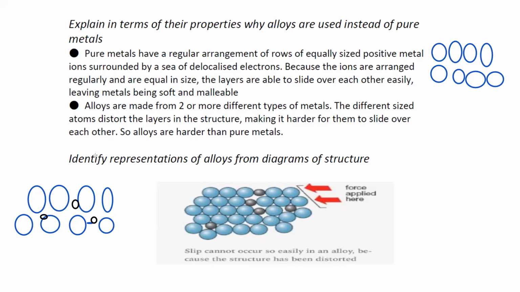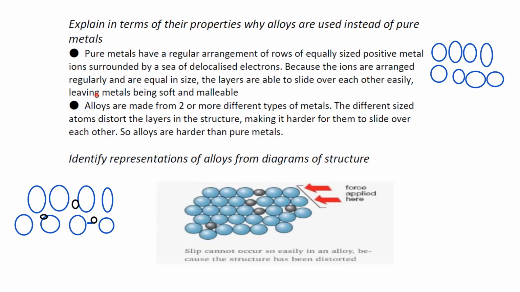Alloys are harder. Why are they harder? Because of the different sizes of the ions, the layers cannot slide over each other, as there will be more friction between them. So whenever you have a mixture of metals, it will become harder. Pure metals have a regular arrangement of rows and equal-size positive ions. Because the ions are arranged in a regular pattern, the layers can slide over each other, so pure metals are relatively soft or malleable.